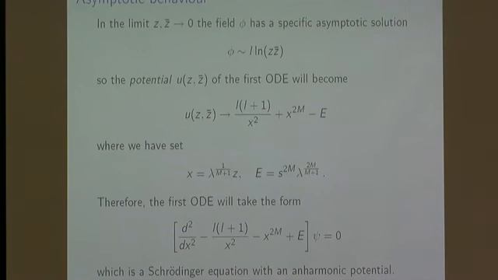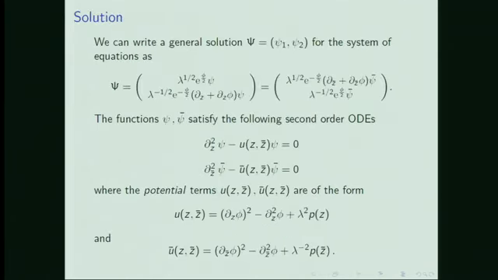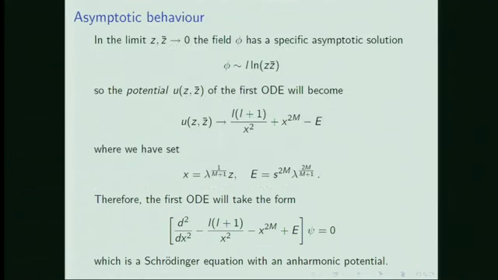Okay, so as we said earlier, we will be interested in specific asymptotic behavior. When z and z bar are small, we take phi to go as log z z bar. When we take this solution, then the potentials of the ODE, I will consider the first one here, take this form, where I've performed this change of variables.